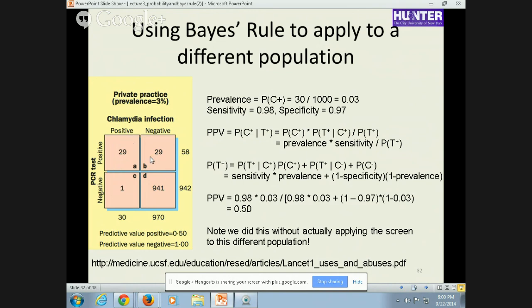It is positive, 58 out of 1,000, which is 1 minus 0.097.